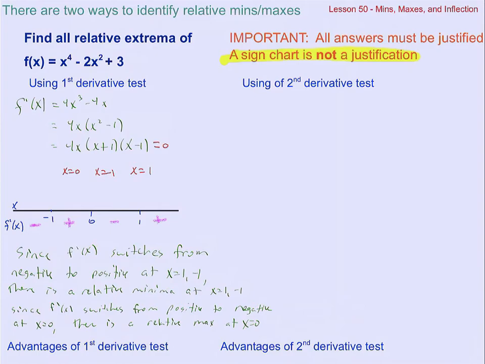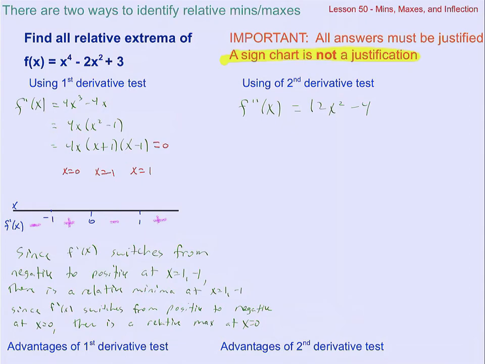Using the second derivative test, we would still use the same critical values, so we still need to do all of this to find out when f prime of x equals 0. What we want to know is what is f double prime of x at all of those values for x. So we've got to find f double prime of x, which is the derivative of f prime of x, which is 12x squared minus 4.